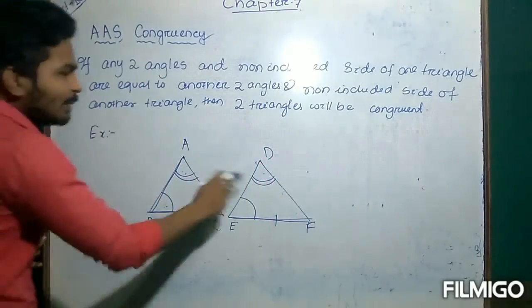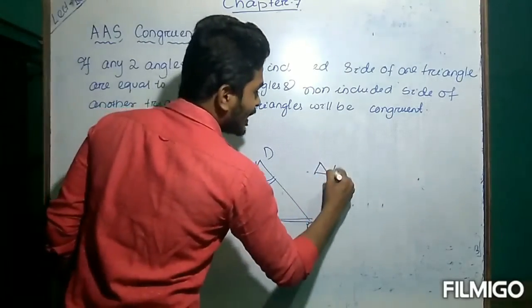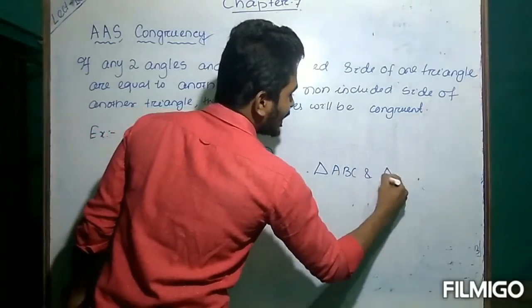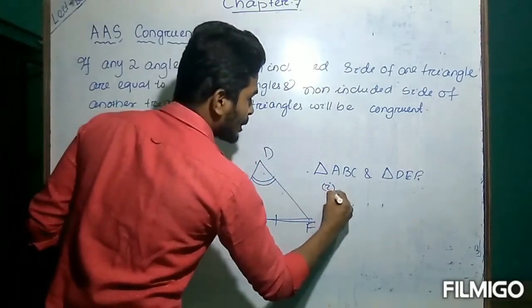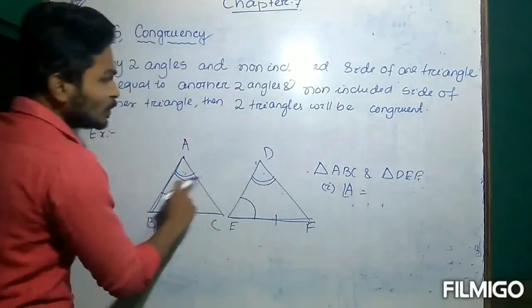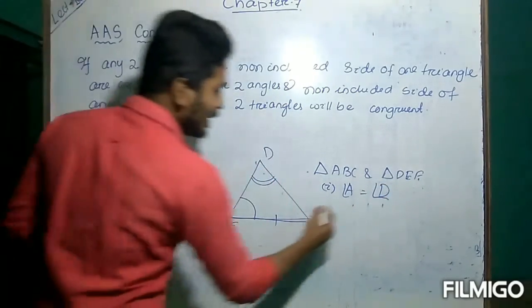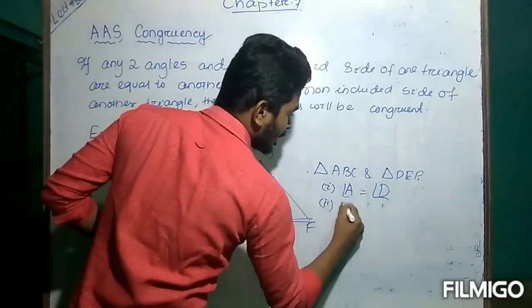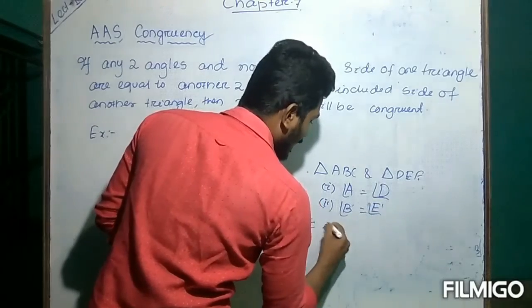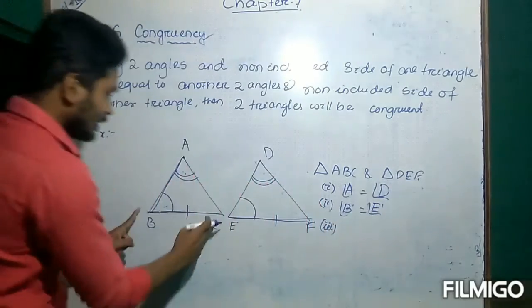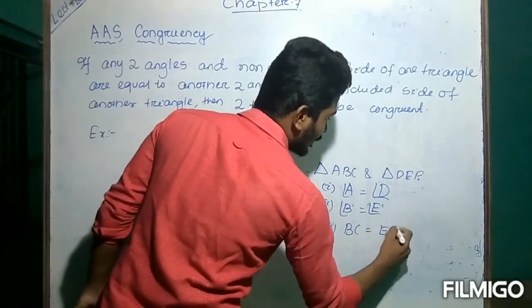So mathematically we can represent it like this. For example, if we have two triangles ABC and DEF, now in triangle ABC and triangle DEF, angle A is equal to angle D. Similarly, angle B is equal to angle E, and this side BC is equal to this side EF.